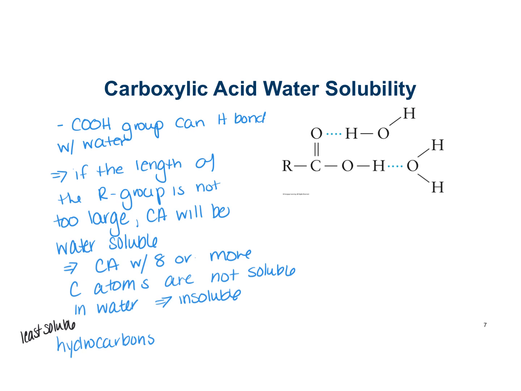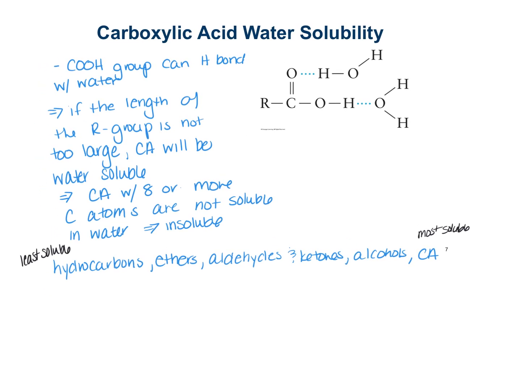Then we have ethers, aldehydes and ketones, alcohols, and then we end here with carboxylic acids, where these are the most soluble. And the reason they're the most soluble, and this is the same trend for increasing boiling point, and the reason is also the same.